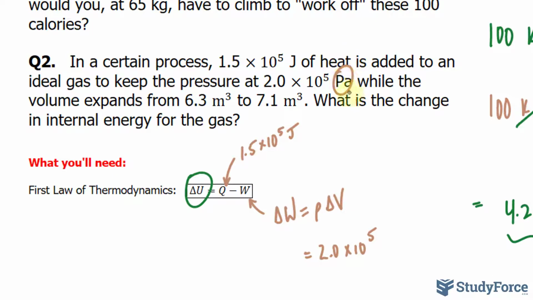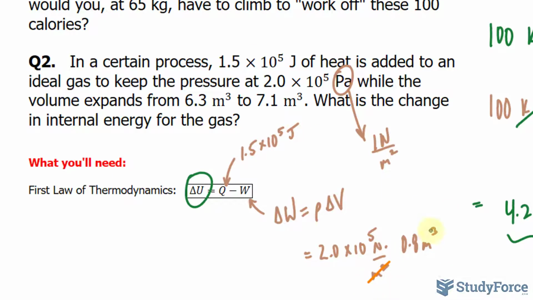Remember that 1 Pascal is the same thing as 1 Newton per meter squared. And then we multiply this by the change in volume being 7.1 minus 6.3. That's a difference of 0.8 meters cubed. Now the reason why I told you that it's newtons per meter squared is so that you can see the units corresponding here.